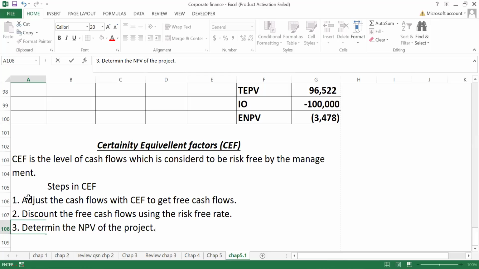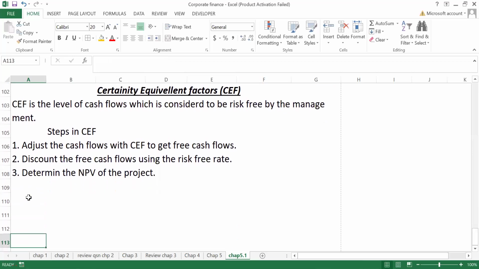And we are saying certainty equivalent factor, it's the level of cash flows which is considered to be risk-free. It means you have already adjusted the cash flows and they don't have any risk. So let's look at a simple example on this.